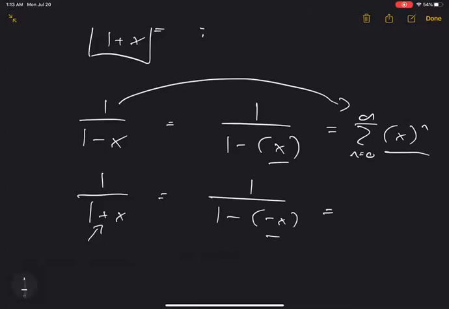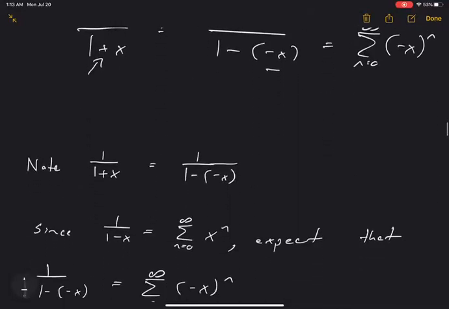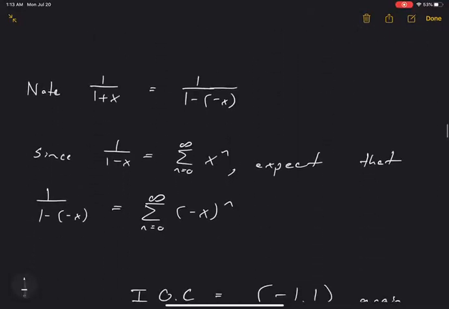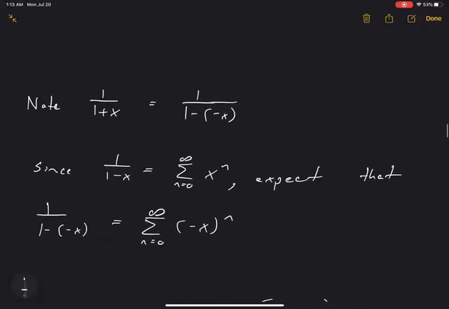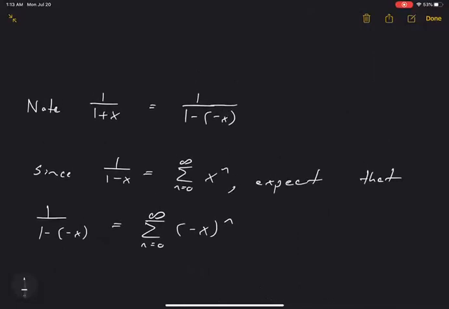So maybe I should expect that the power series for this thing would just be negative x to the power n. And it turns out that, yeah, that's exactly what's going to happen. So basically, this is just the same work I've done. So I note that 1 over 1 plus x is the same as 1 over 1 minus negative x.